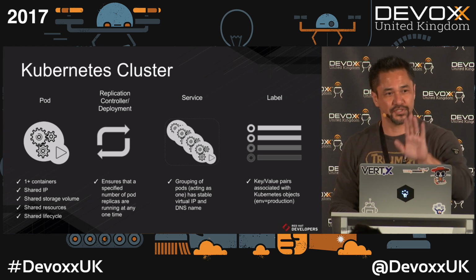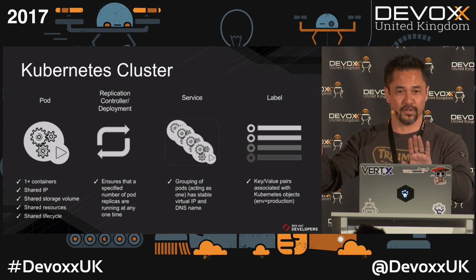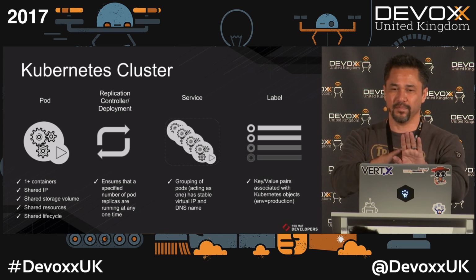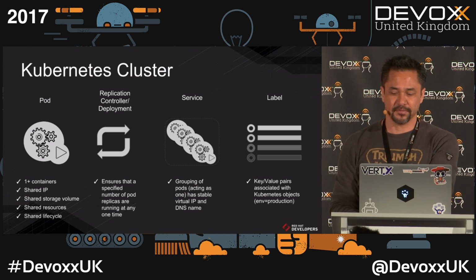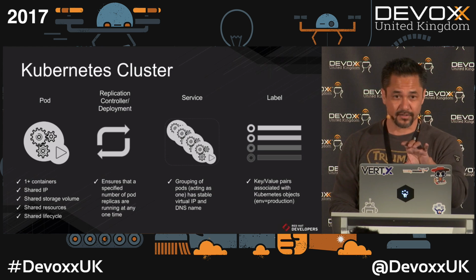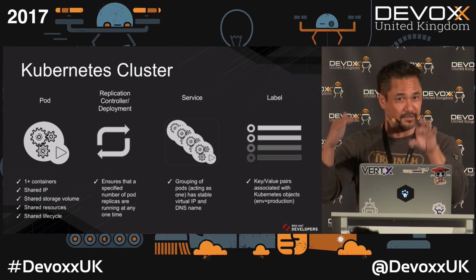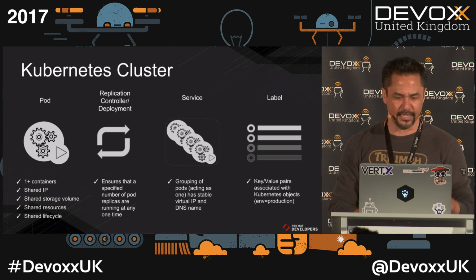You interact with the service, specifically the service name, and it routes accordingly to the right pod, and it gives you load balancing for free at that layer. We'll show you some examples of that. You also have the concept of labels, and labels become super important because a service, for instance, can have a selector of what pods should be in its list of load balanced pods based on the label selector. And I have an example of that too.